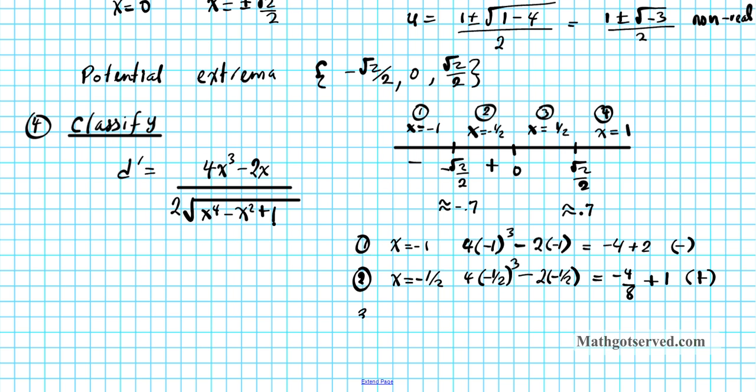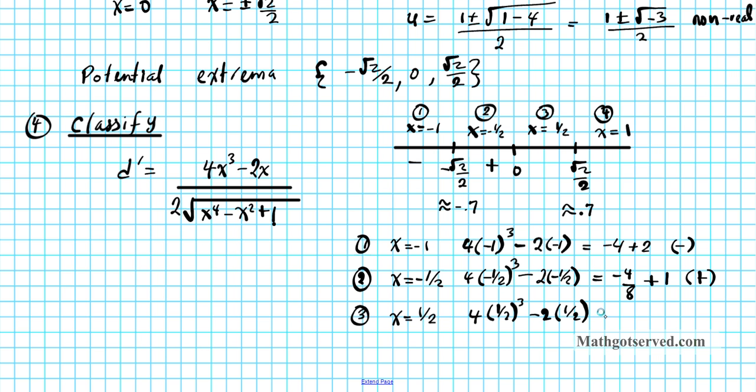Alright, so what's the sign of the first derivative on the third interval, where x is equal to positive 1/2? Well, let's evaluate the numerator again, because that is what tells us the sign of the derivative. Okay, so 4 times 1/2 to the third power minus 2 times 1/2.